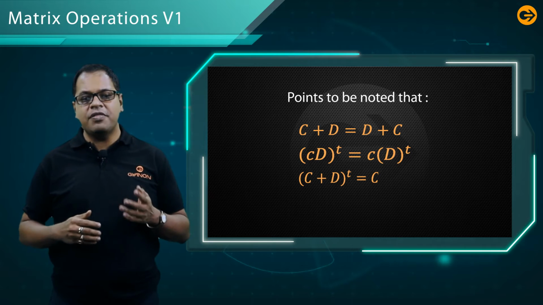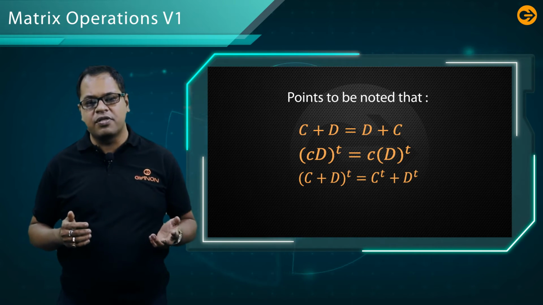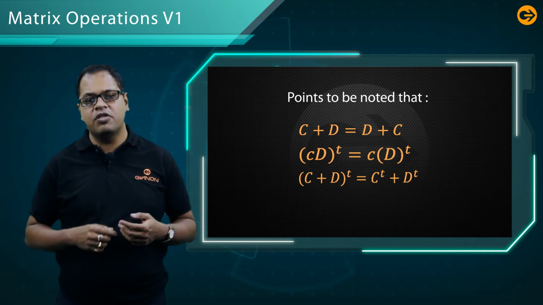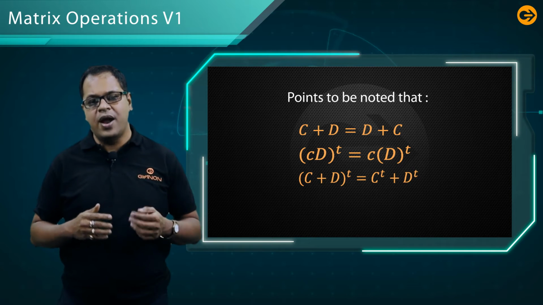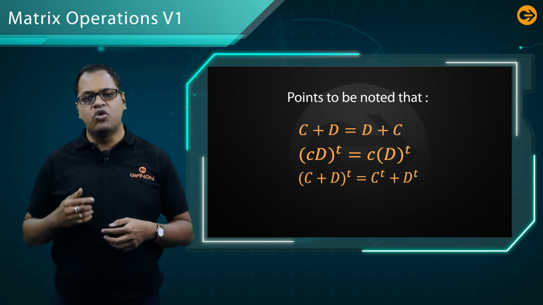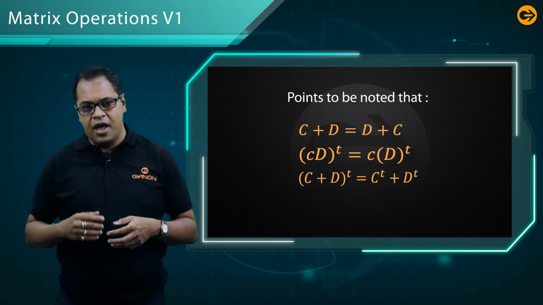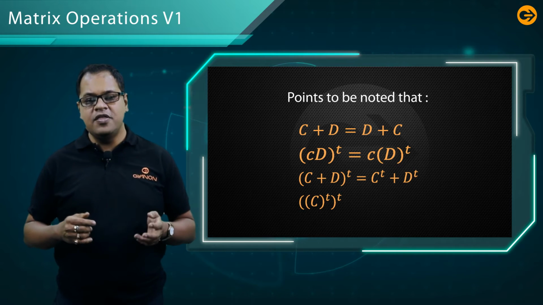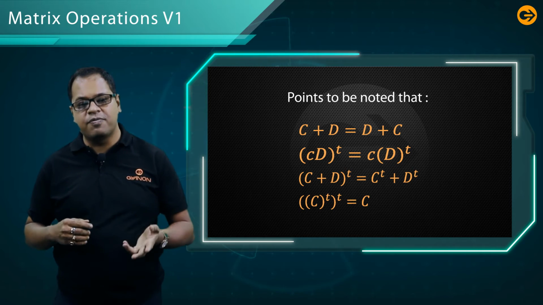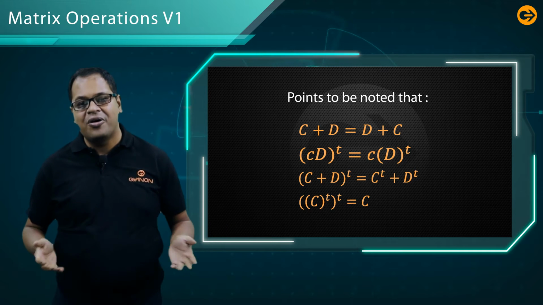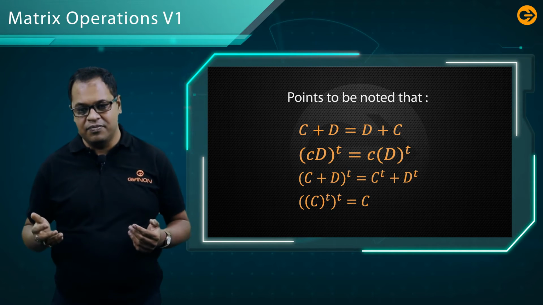Now, (C plus D) whole to the power transpose equals C transpose plus D transpose, where capital C and capital D both are matrices. And if within the bracket C transpose to the power transpose, it will be again the original matrix capital C.